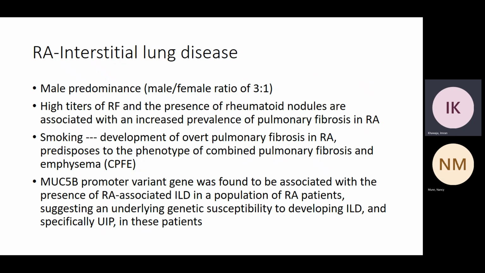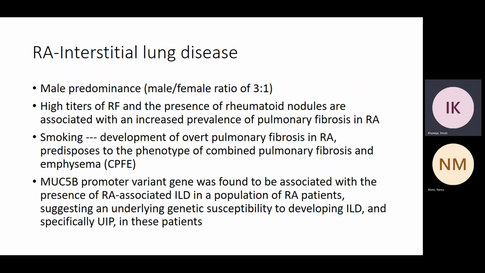If patients smoke and develop some type of emphysema, usually they have upper lobe emphysema and lower lobe fibrosis. Because of this, there is a phenotype of abnormality that you see commonly in these patients. It's called combined pulmonary fibrosis and emphysema.